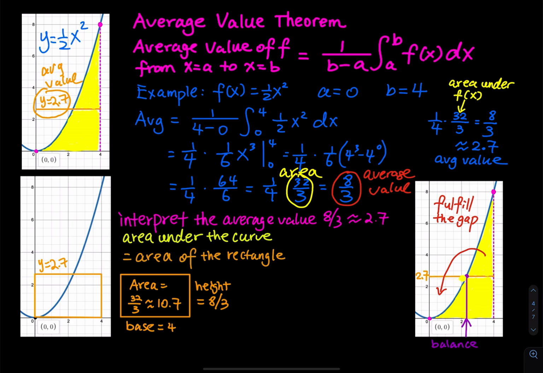And there is another way to interpret that. When y is equal to 2.7, x is right here, a little bit more than 2. Don't worry about what that is. If you cut this piece out and then you put an arrow right over there, this is the position to balance the area. Try to picture this in your mind. It's very easy.